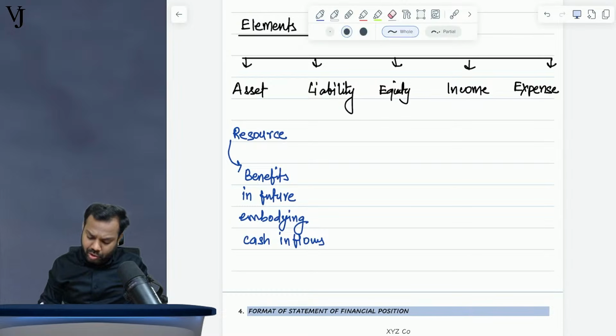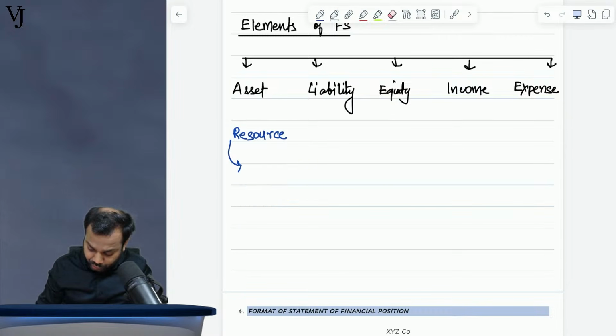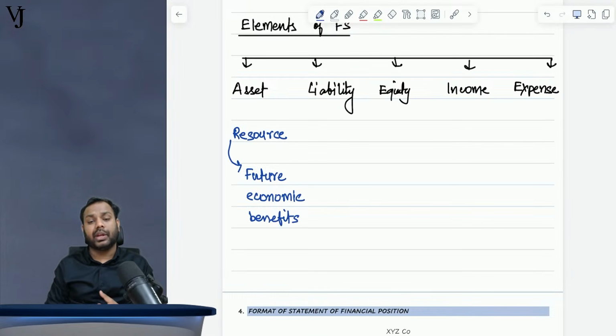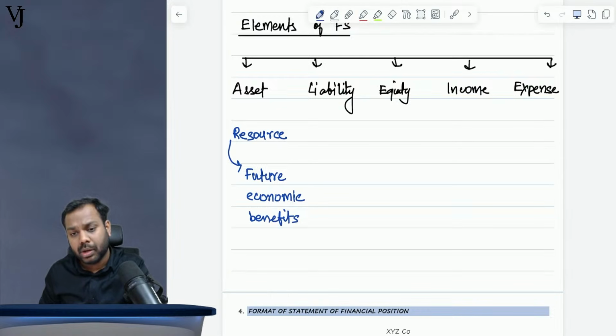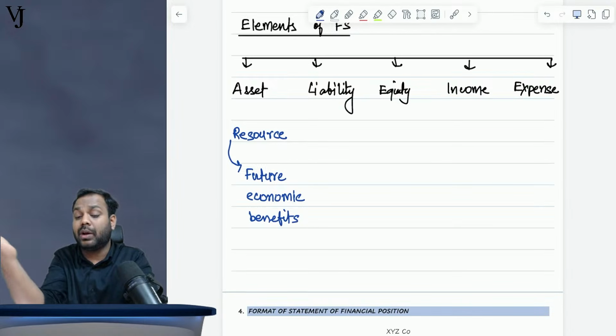In simple language, an asset is a resource which will give me future economic benefits. For example, if I have this laptop, it will give me cash flows in the future.